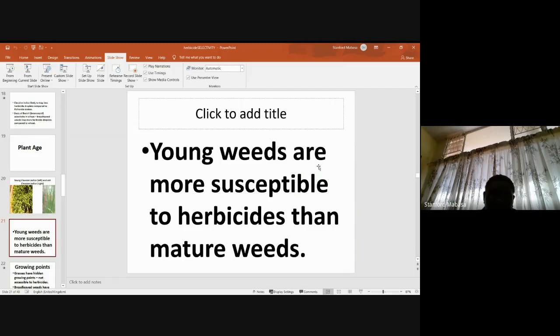Now, when we apply post-emergence herbicides, it is normally recommended that we target young weeds. If you come a bit late, even if the herbicide is recommended for usage in that crop, it may fail to kill weeds simply because it has been applied a bit late.